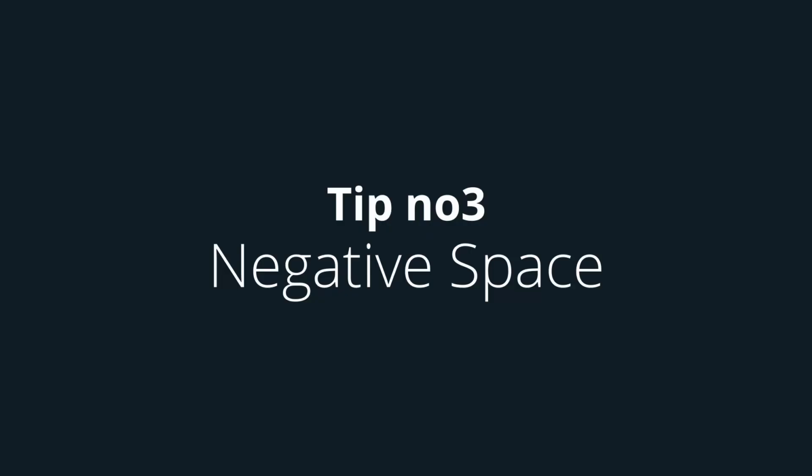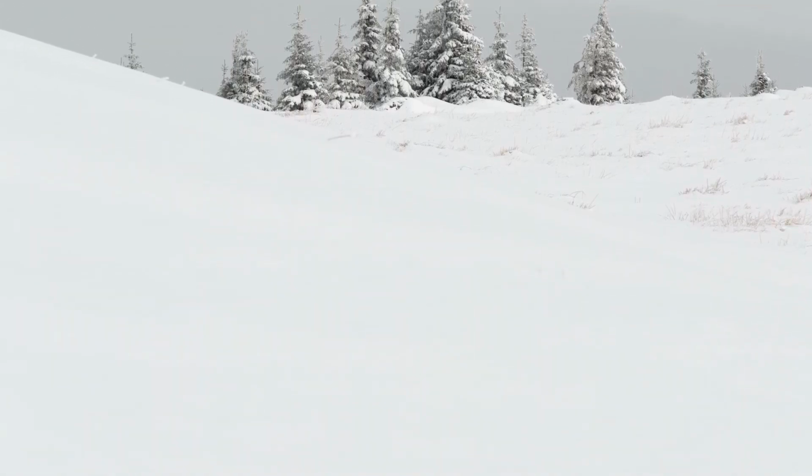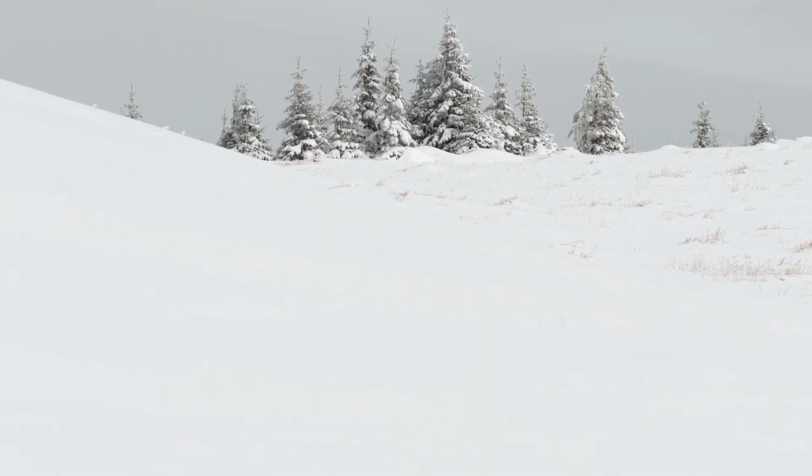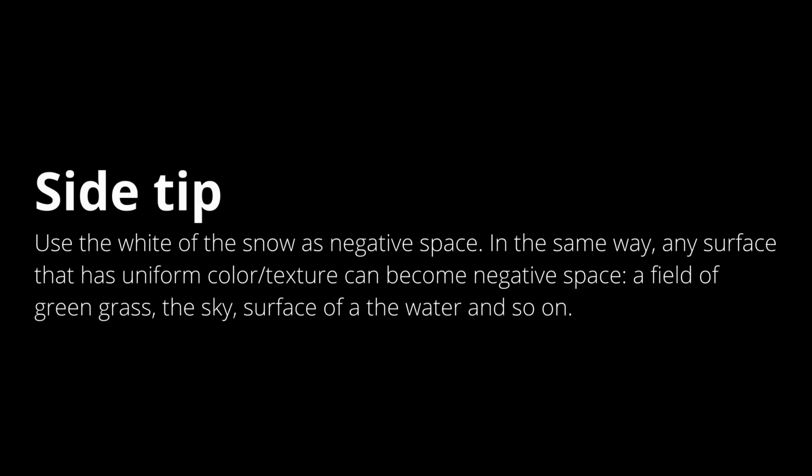But let's move to number 3, and this is an obvious tip: negative space. In winter situations, there is a very easy way to achieve this idea, because you have all that white snow that you can use as a negative space.